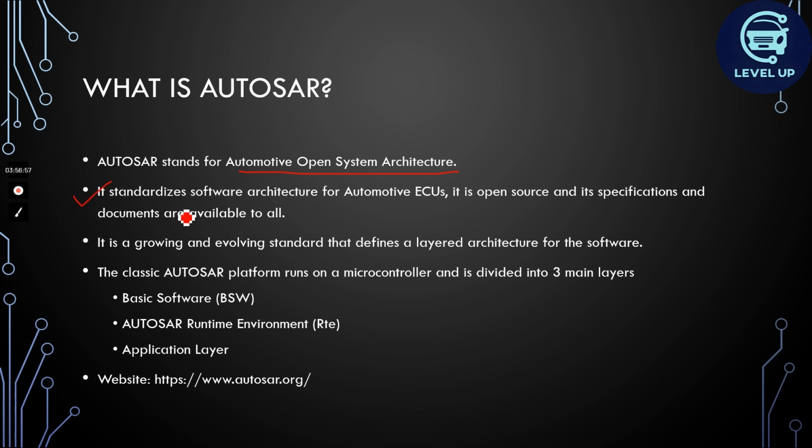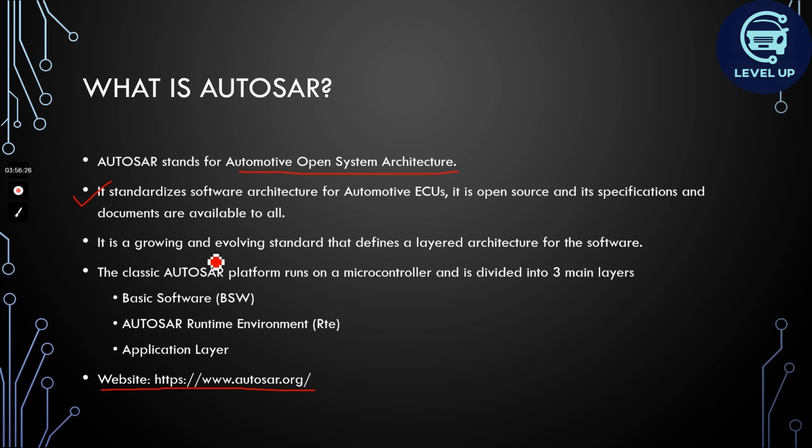The documentation is given on the website autosar.org. There is huge documentation for AUTOSAR, all of it available on this website, free to all. No need to pay any money, and if you want, you can download it. That's why it is open source and available for all.